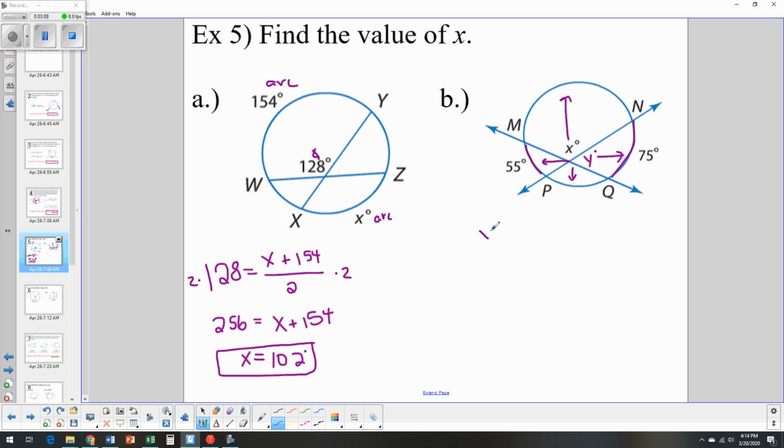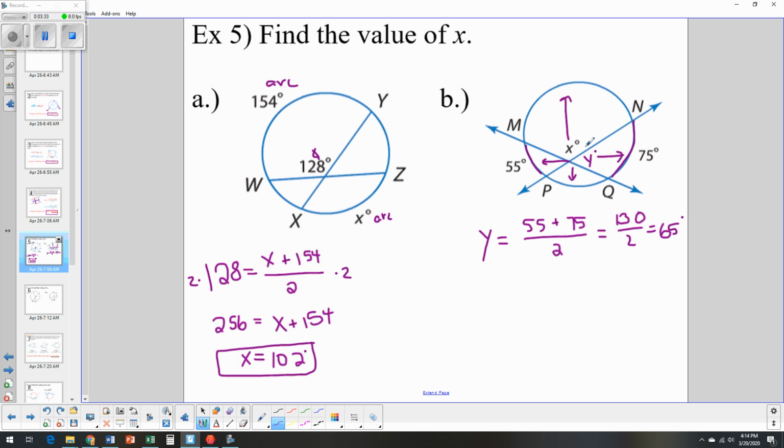So we have angle equals arc plus arc over 2. So this ends up being 130 over 2, or 65. So y's angle is 65 degrees.